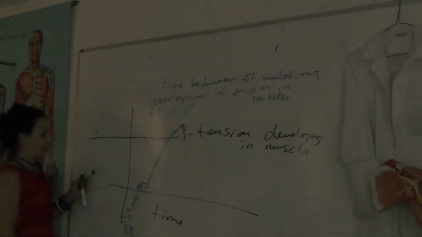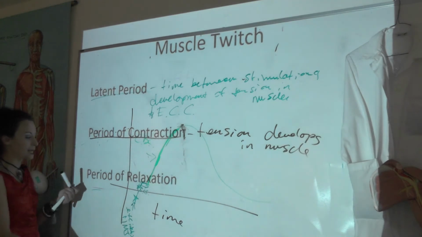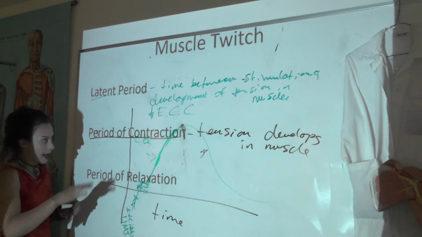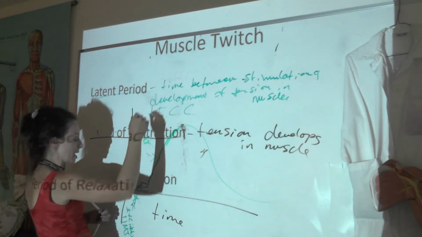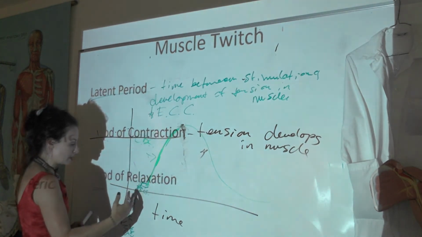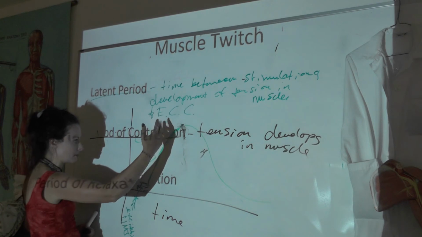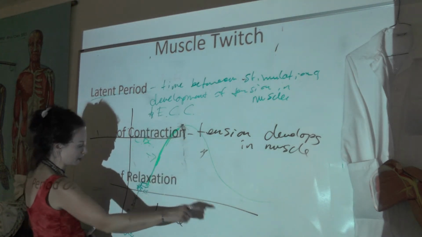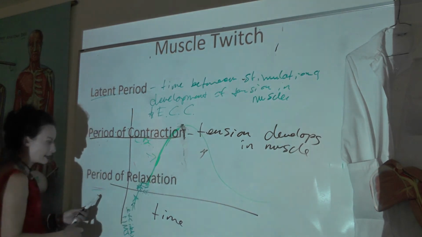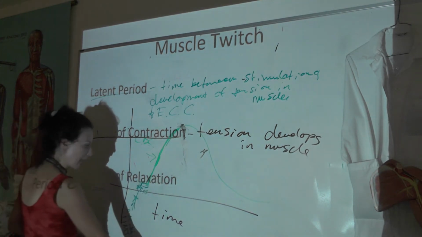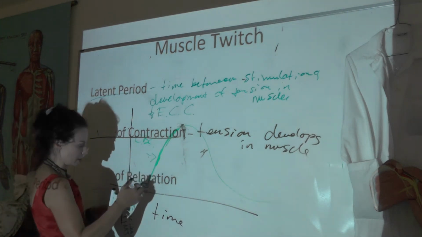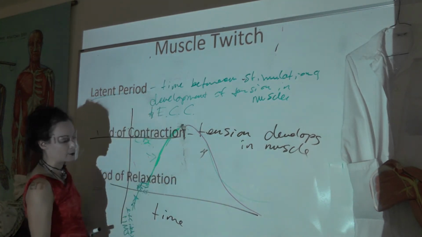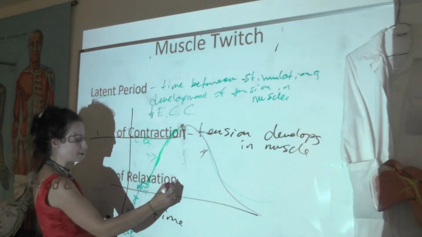And then I get my period of relaxation, which occurs here after, because all I'm doing is twitching, right? One single stimulus. It's enough to allow some calcium, I generate some tension, and then I reuptake that calcium and my tension drops off. I relax. During this period of relaxation, calcium is being actively transported back into the sarcoplasmic reticulum.